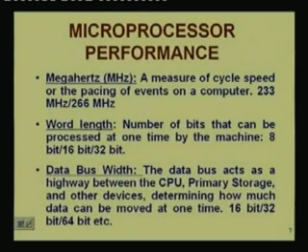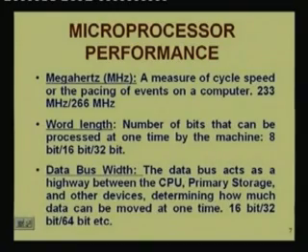Then the microprocessor performance, some important terms here: megahertz, word length, data bus width. First of all, the megahertz is a measure of cycle speed or the pacing of events on a computer.